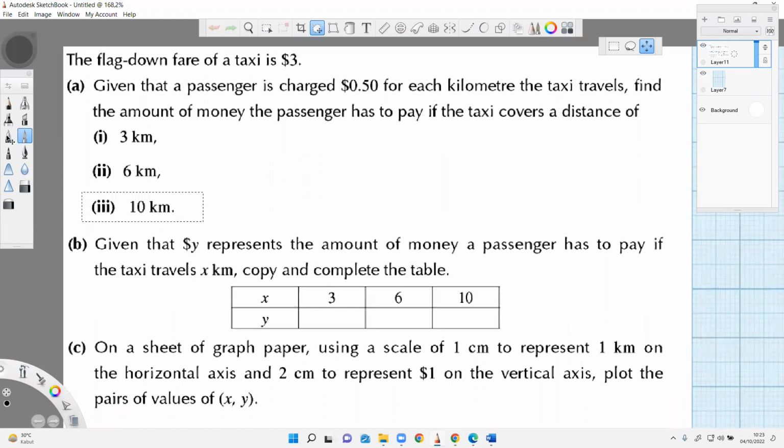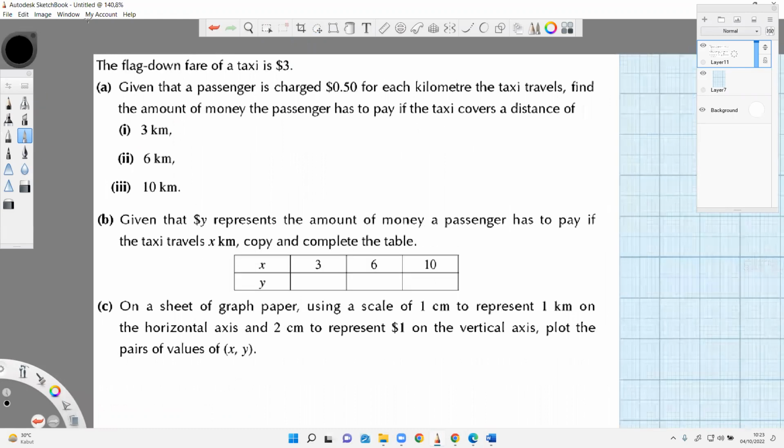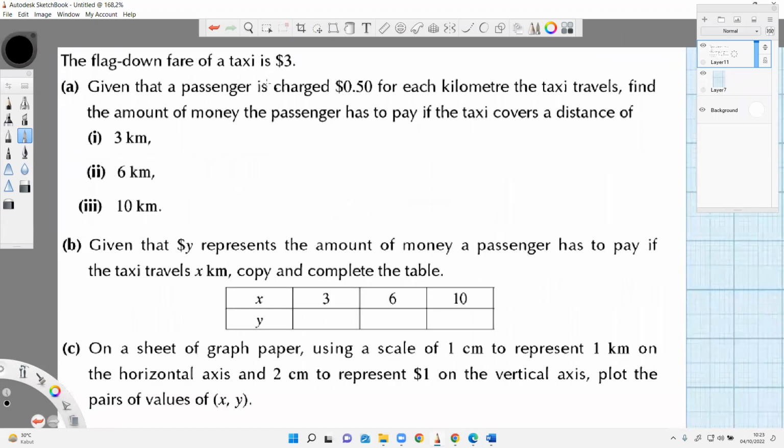There you go. Okay, guys, let's see. Given, the flag down fare of a taxi is $3. Do you know what a flag down fare is, guys? Any idea about flag down fare? We learned it previously somewhere around chapter 4 or 5.